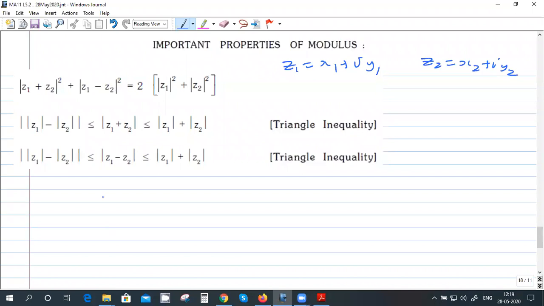Okay. So in the Argand plane, say x1 y1 is here and x2 y2 is here. So where will z1 plus z2 be?